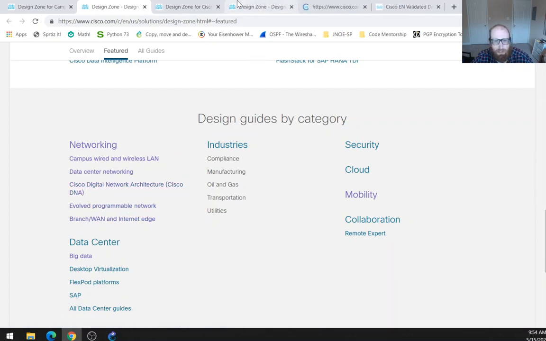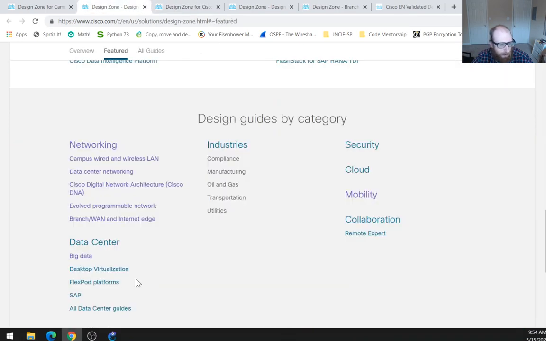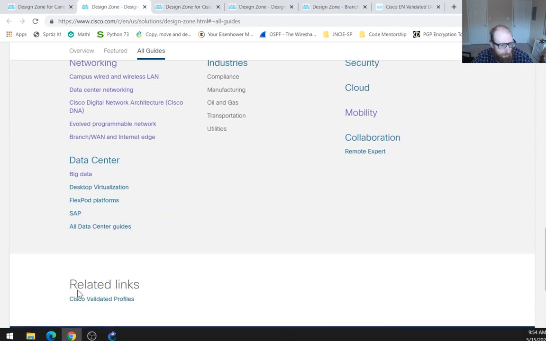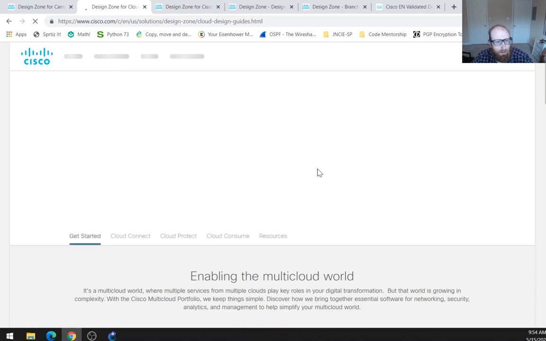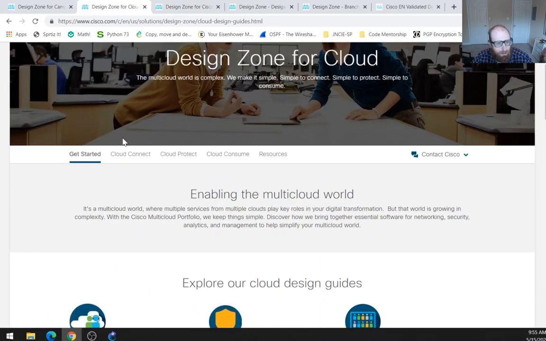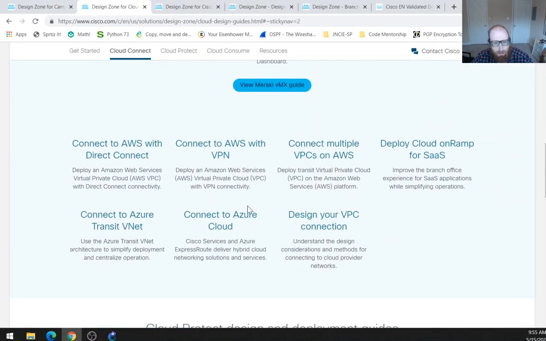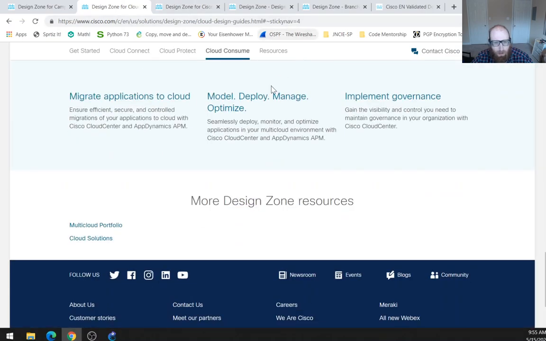Yeah, lots of stuff on here, lots of good stuff. SD-WAN, that's a big one I want to. Cloud. Now this is for devices, right? I don't know.